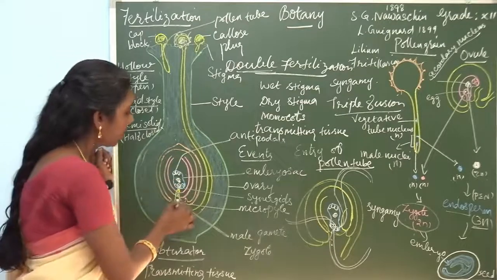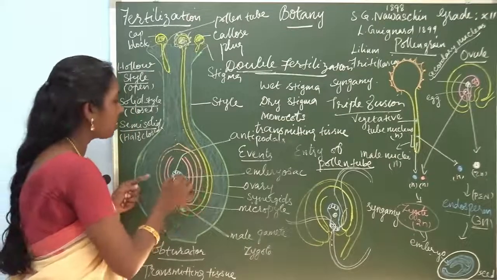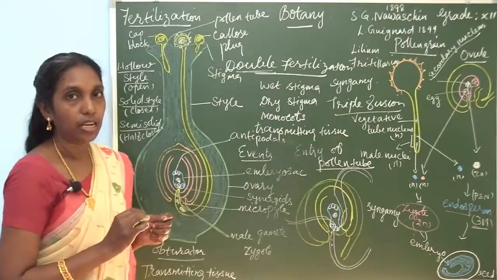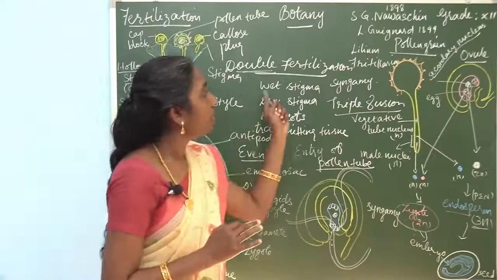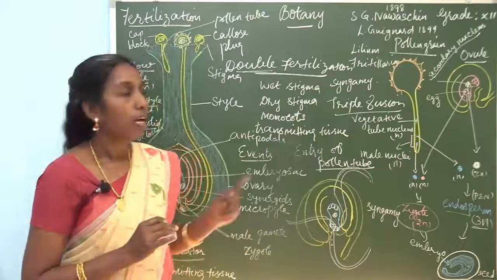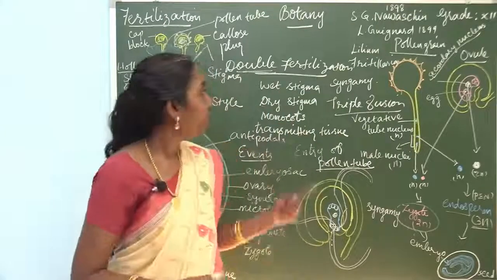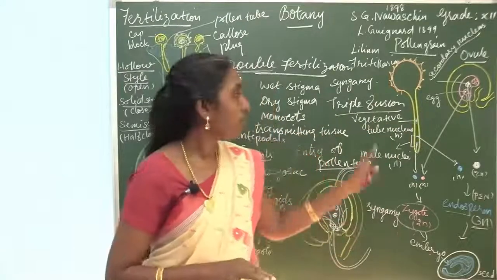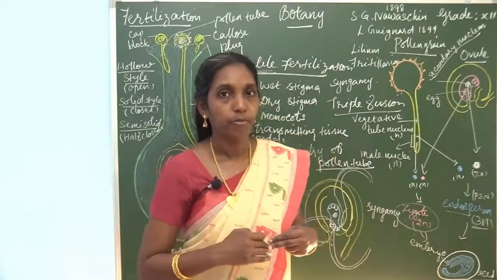That means the male gametes, tube nucleus, everything is discharged into the embryo sac, into one of the synergids. This is observed in angiosperms, and the type of fertilization is double fertilization, and the process is triple fusion because three different fusions are taking place.